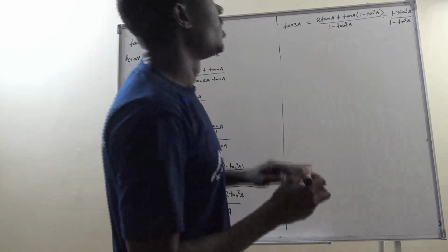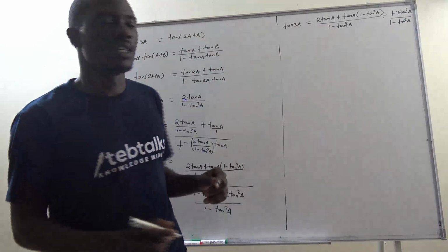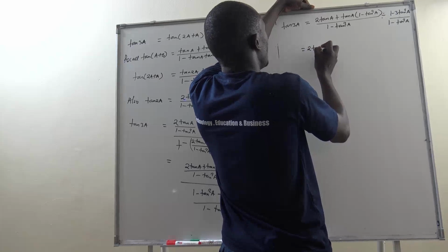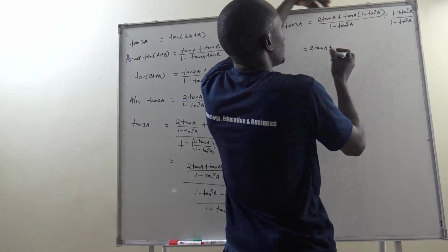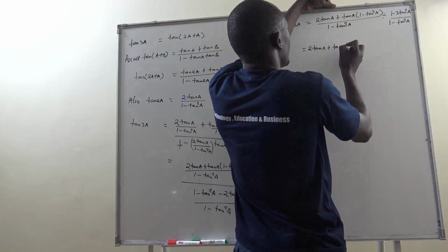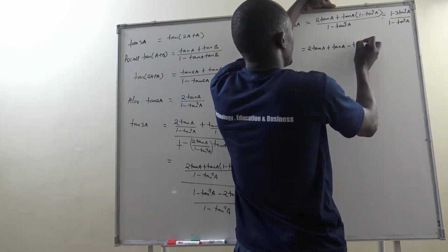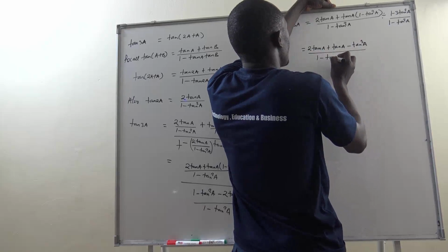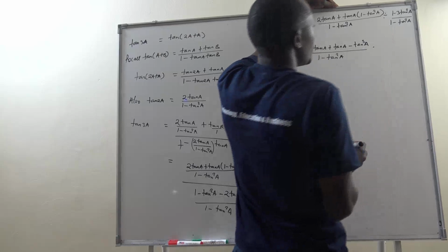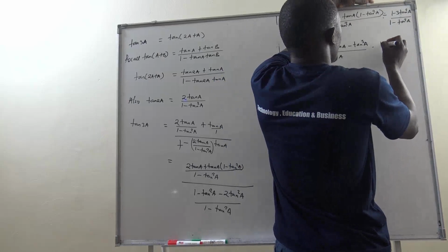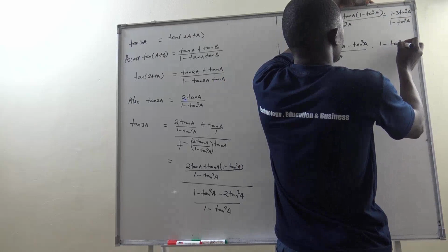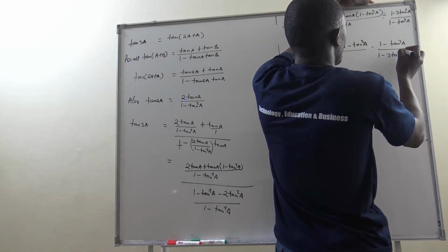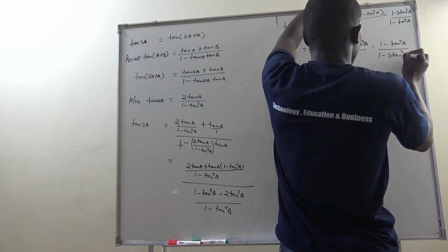So when we are dividing, we are free now to take the reciprocal. As we open, this becomes 2 tan a plus tan a minus tan cubed a, all over 1 minus tan squared a, times, taking the reciprocal, 1 minus tan squared a all over 1 minus 3 tan squared a.